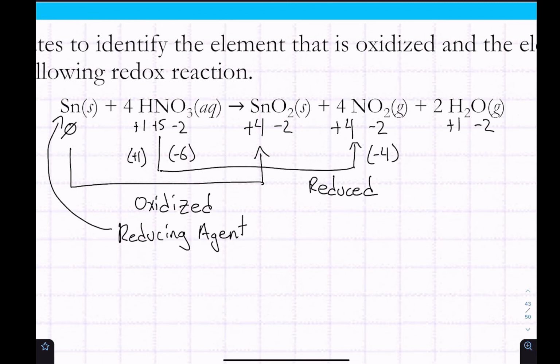The thing being reduced is the nitrogen, and that makes it the oxidizing agent. You would say that the whole compound is the oxidizing agent. So the nitric acid here is the oxidizing agent because it contains the atom doing the oxidizing. Oof. It just flip-flops too much.